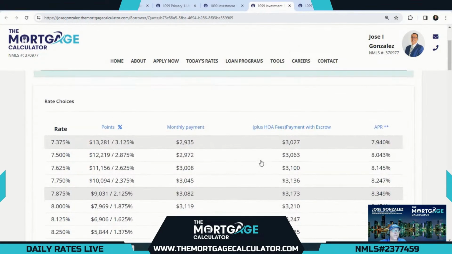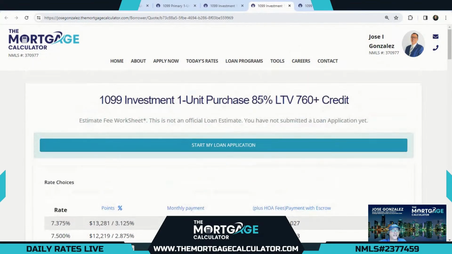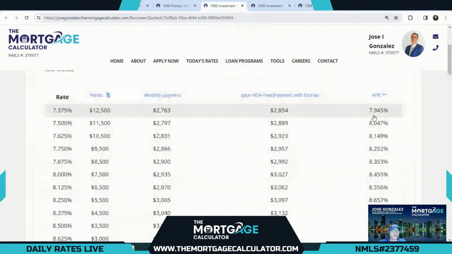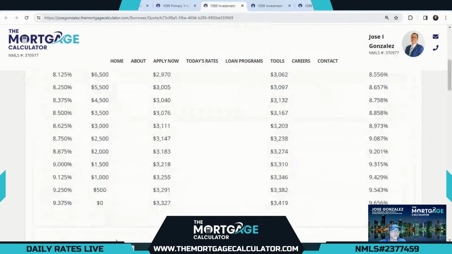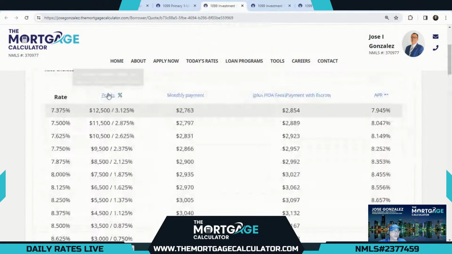That's for a maximum LTV 85%, 1099 investment property purchase. Now, at our more standard 80%, we're looking at 9.375 is at par, and you can buy that down to 7.375% as our lowest rate option.